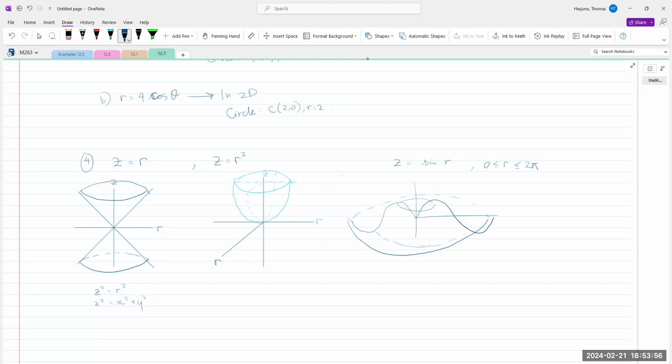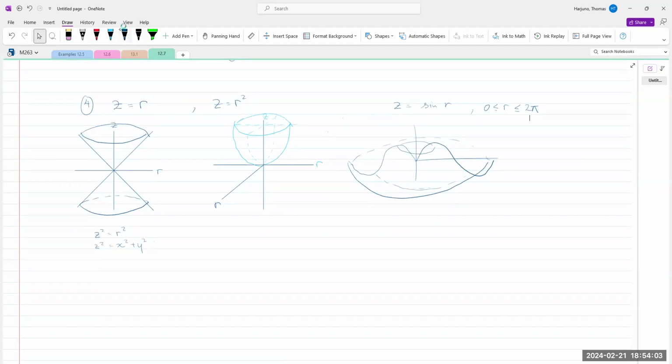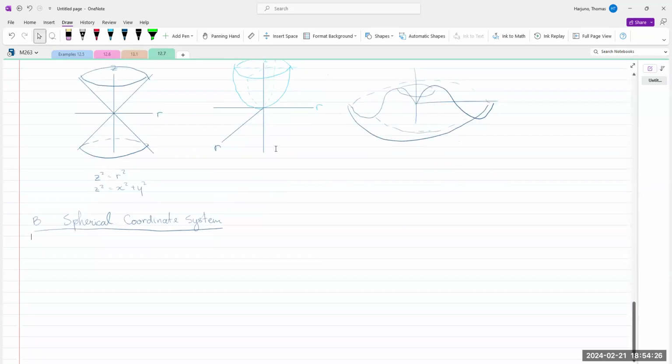Okay, now let me go on to the next part, a more difficult part, spherical coordinate system. Spherical coordinate system is built based on cylindrical coordinate system.